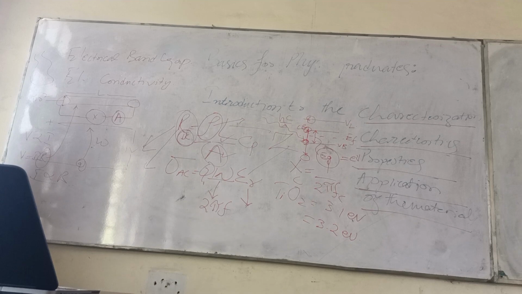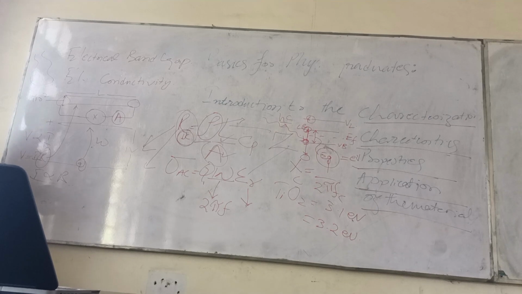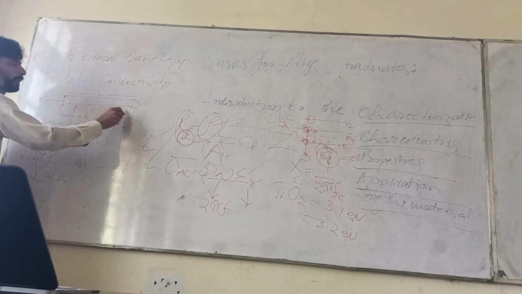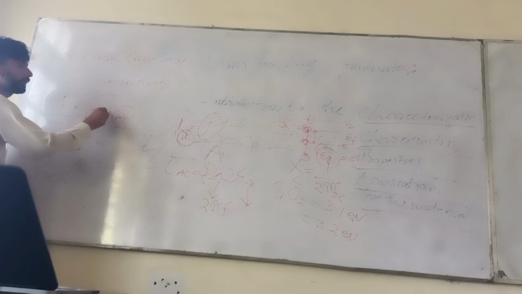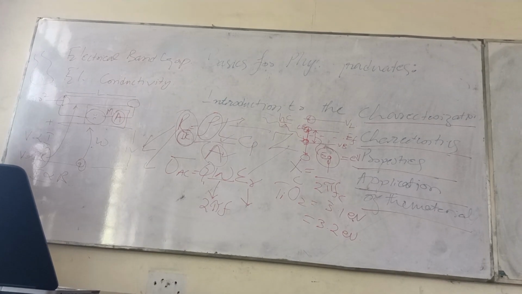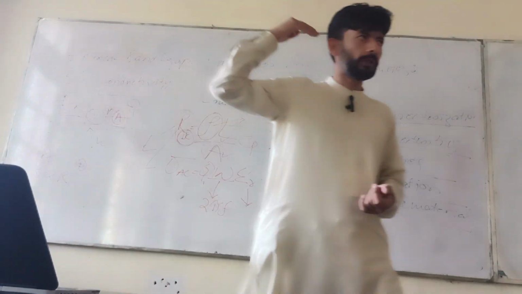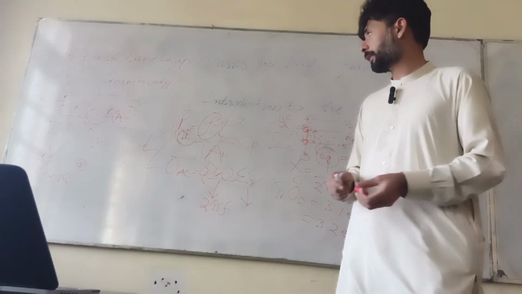For example, if you take the thin film, so what will be the case here for thin film? So for that purpose, we use the four-probe technique. Usually this voltage and ampere is measured by the same meter, and that is called the multimeter. Multimeter, yeah. But in that we usually use the source meter because the source meter is usually more accurate as compared to it. I will tell you how it is more accurate.